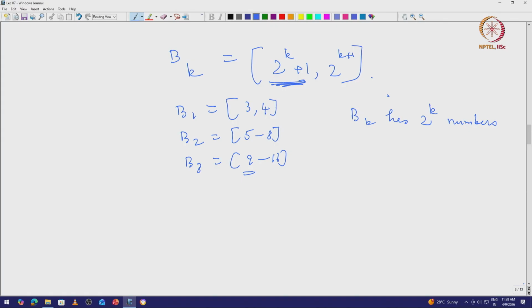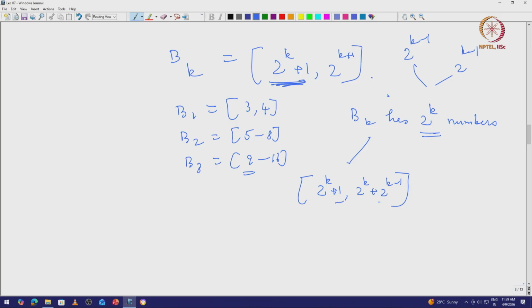So we are going to split Bk into 2 parts. It has 2 power k numbers, and you split into 2 sets, each having 2 power k minus 1 numbers.